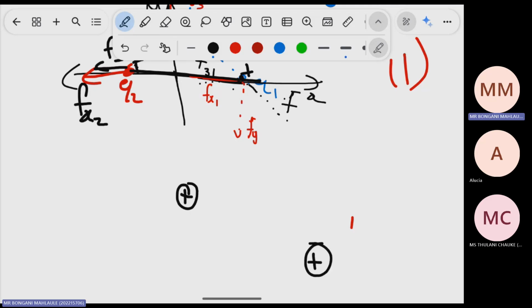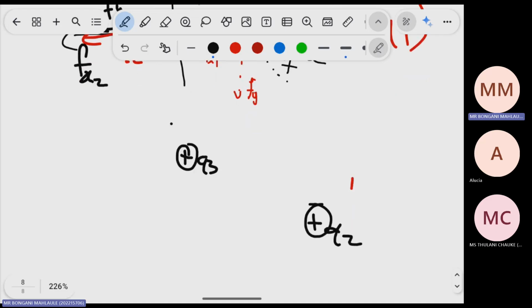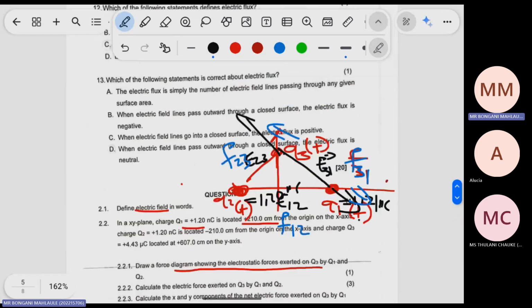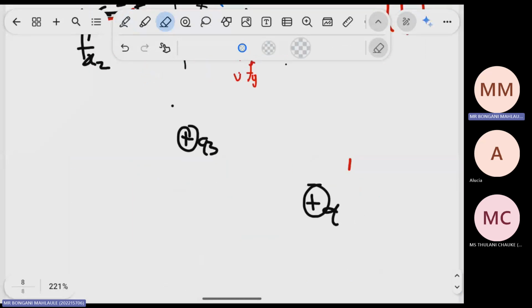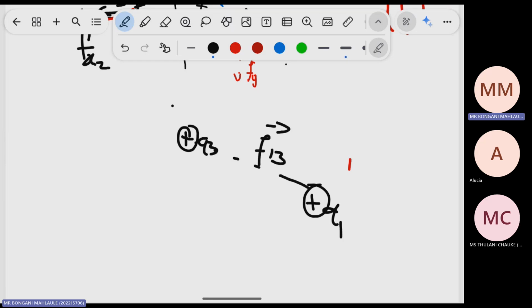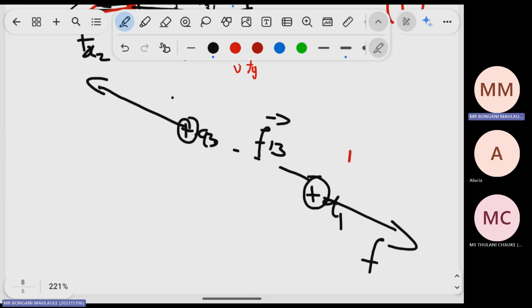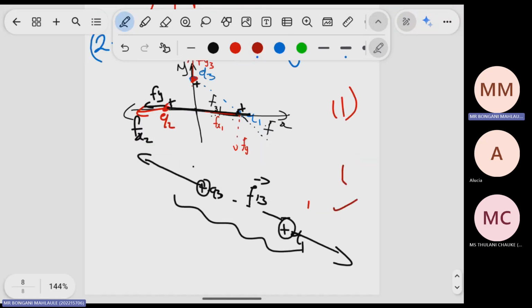Positive, and this is Q3, Q2. No, Q1 and Q2, Q3 and Q1. Yeah, they just wanted you to say F13. Then this one will go this side, this one will go this side. And then here you'll have what? Yeah, you were supposed to draw something like this, guys. Then you get your 1 mark.